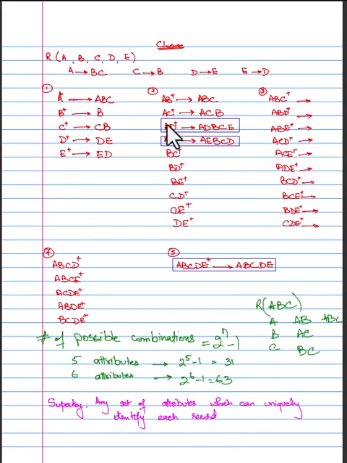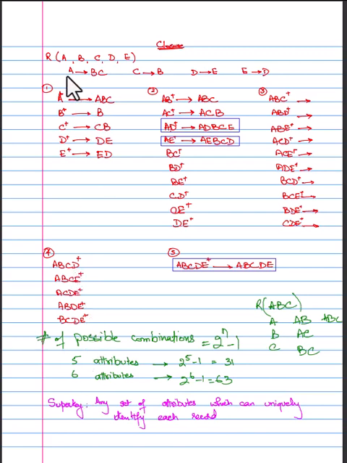So AD is a super key here because AD identifies all the attributes. A, B, C, D is a super key, and A, C, D is a super key because AD already covers all the attributes. So it is obvious that A, B, C, D must identify all the attributes.